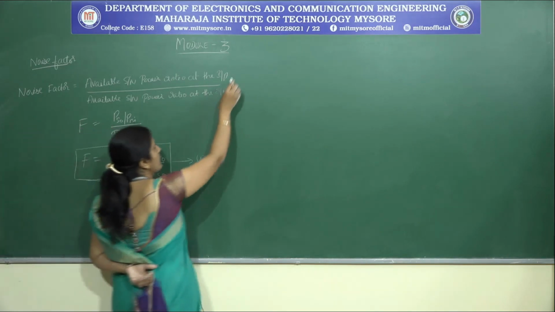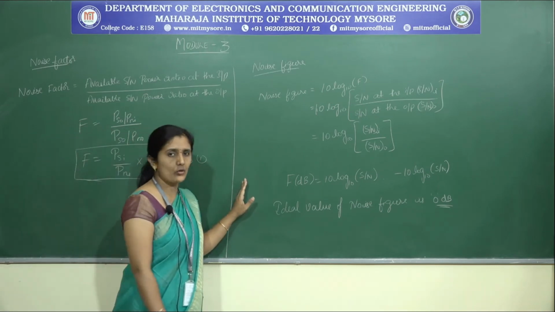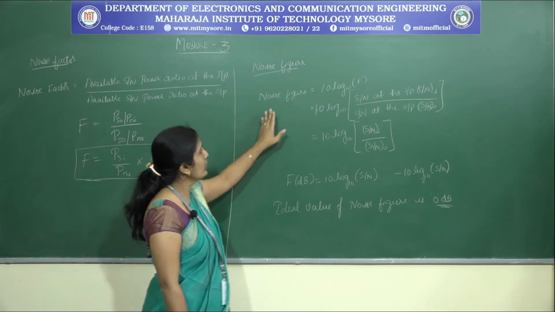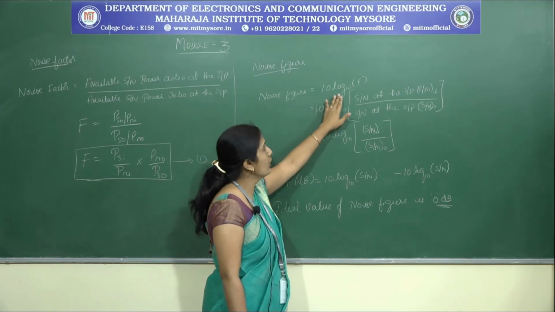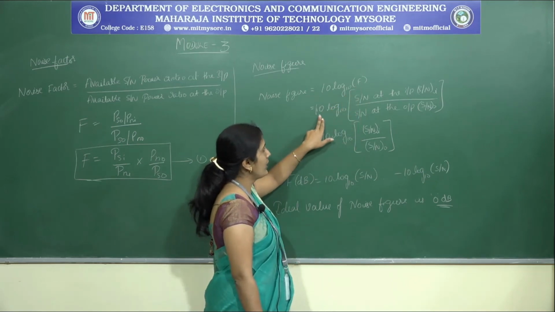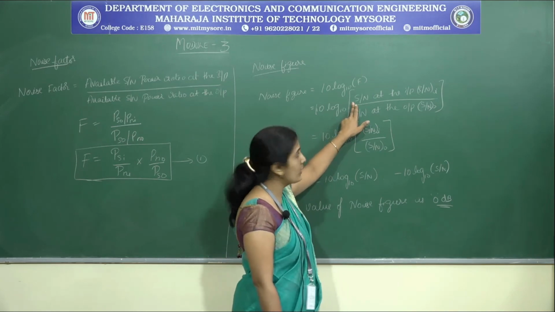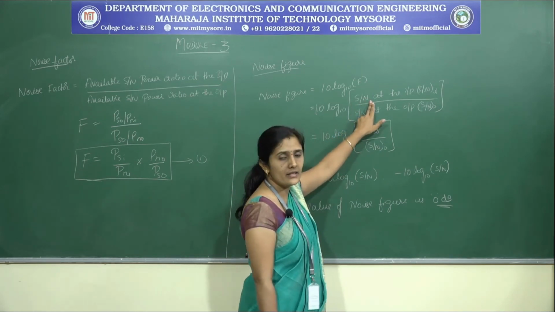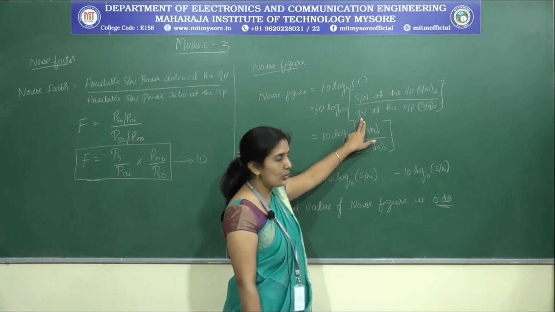This is the equation for the noise factor. In order to solve problems, we have to remember noise factor is expressed in decibel, and we are going to get the noise figure. So noise figure is equal to 10 into log of F, which is nothing but the noise factor. So 10 into log of the signal to noise ratio at the input divided by the signal to noise ratio at the output.